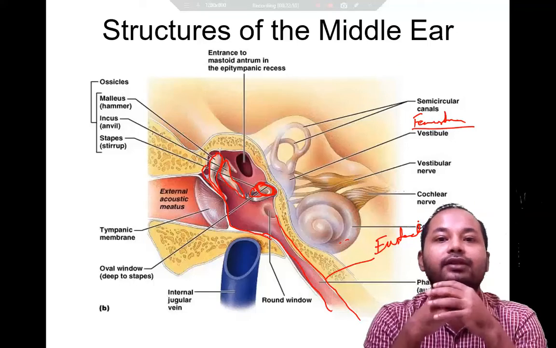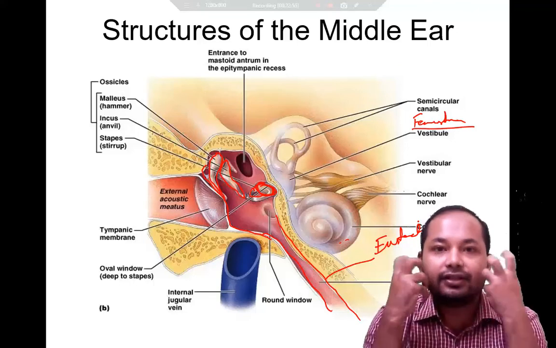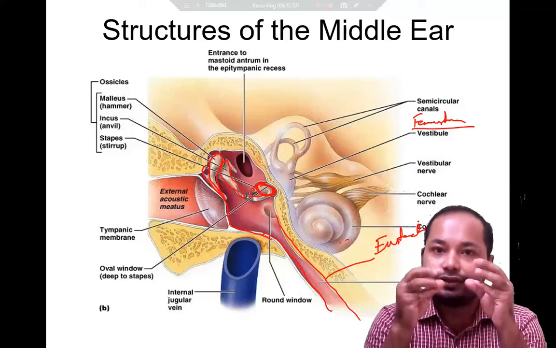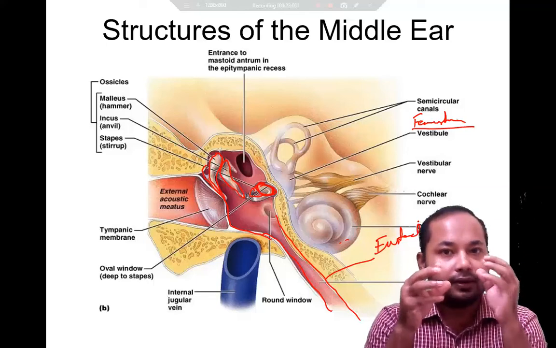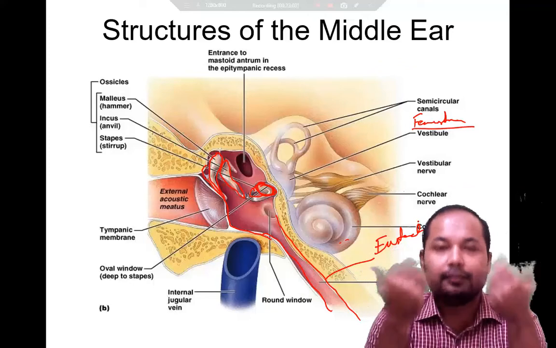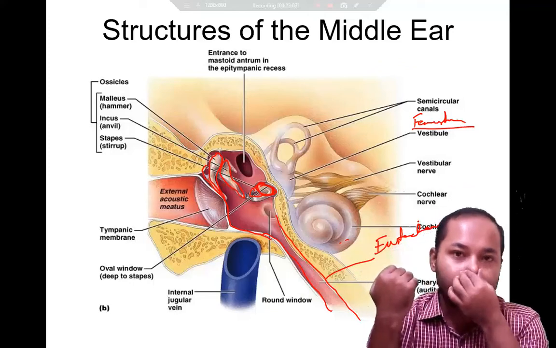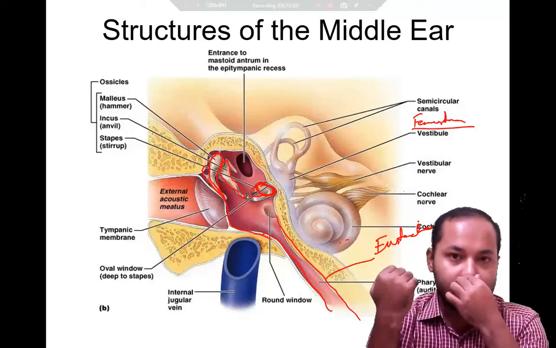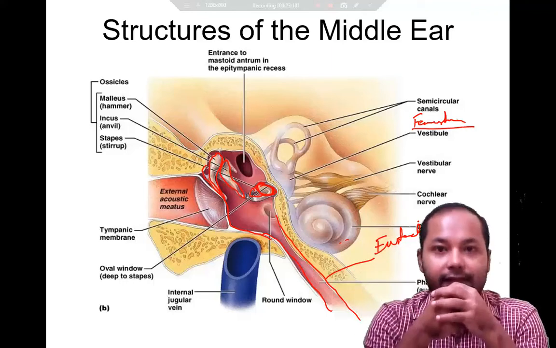That is why you are supposed to chew gum, so that your pharyngeal muscles act, and because of their action, the eustachian tube opens and makes an equilibrium. Or you can do one more thing: close your nose and mouth and try to blow out air. This is called the Valsalva maneuver.